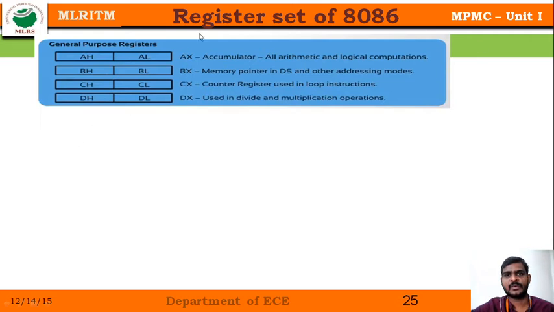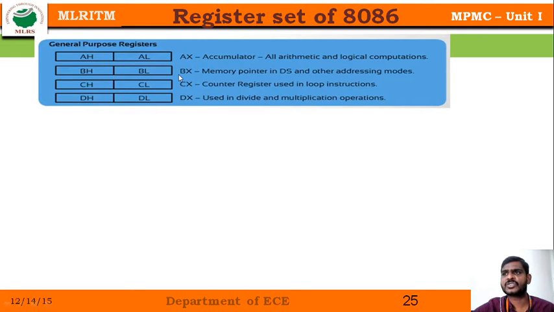The AX register is simply called an accumulator, which is used for all arithmetic and logical operations, because it must be specified when you perform any arithmetic and logical operation.